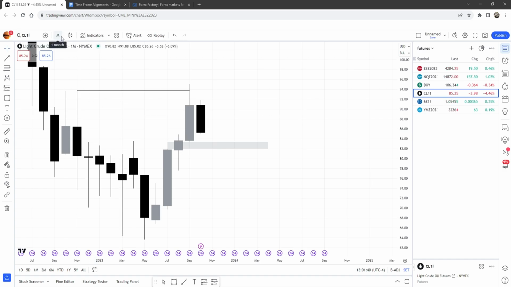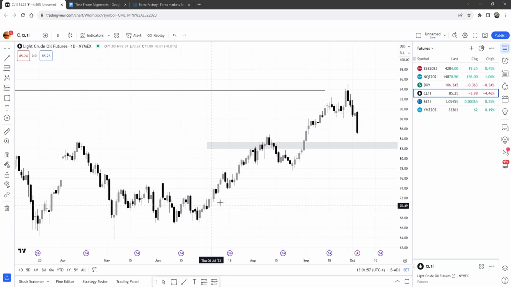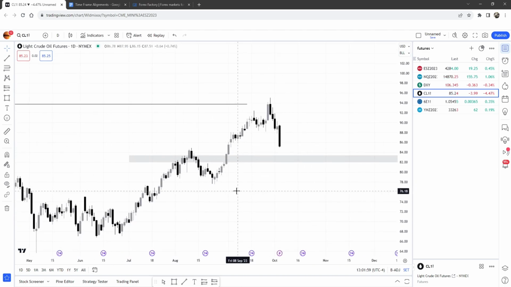I think it's the time frame alignments that are maybe making the misunderstanding there. And maybe that's what needs to be said. We're not looking external on the monthly, but looking internal on the daily.